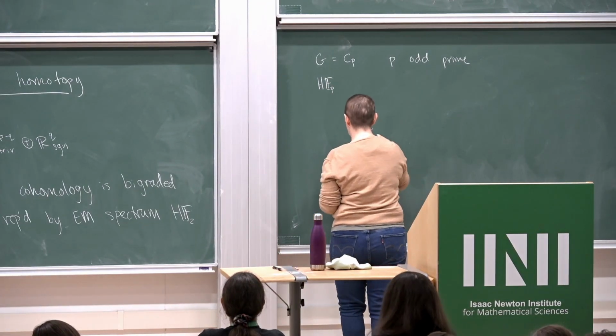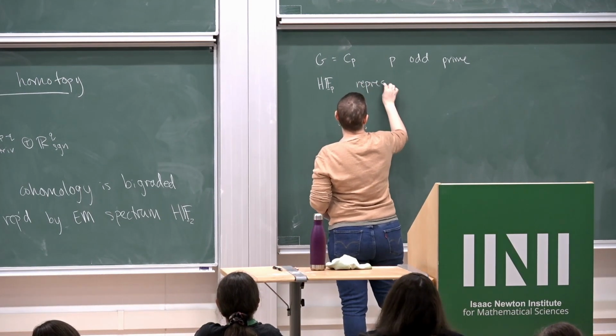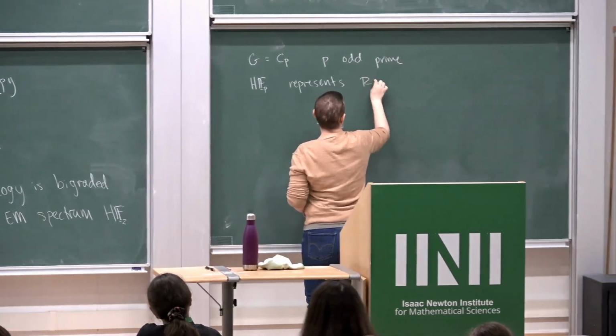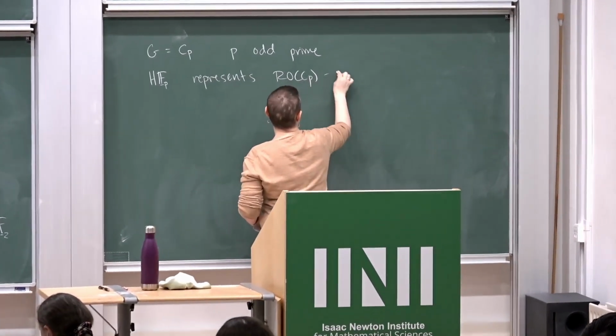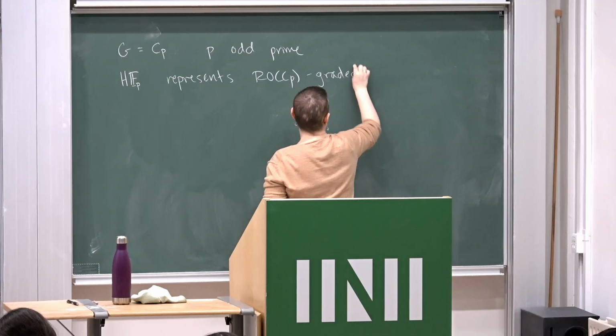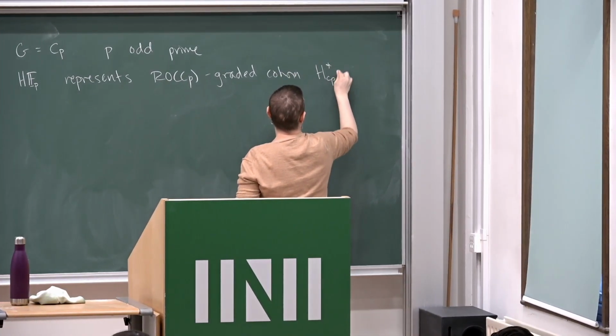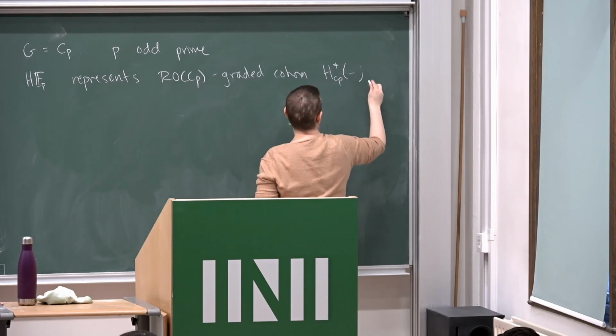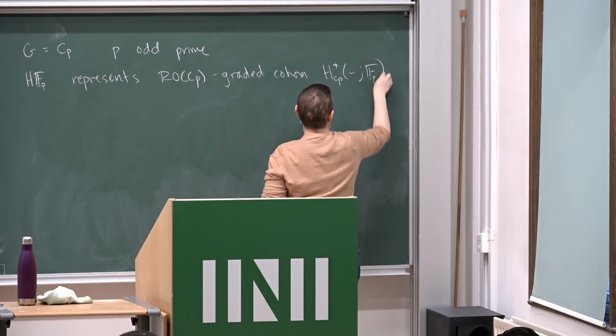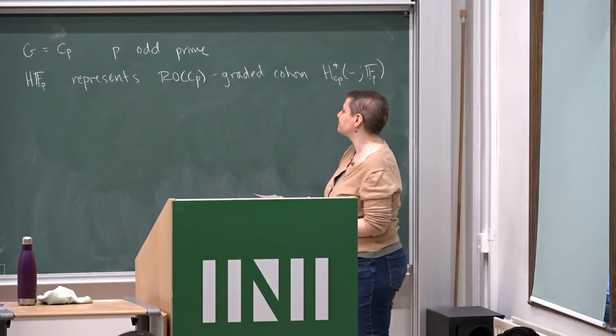So there's an H F_p underline that represents RO(C_p)-graded cohomology of C_p-equivariant CW complexes with constant F_p coefficients.